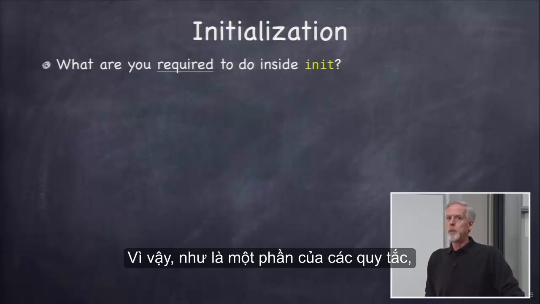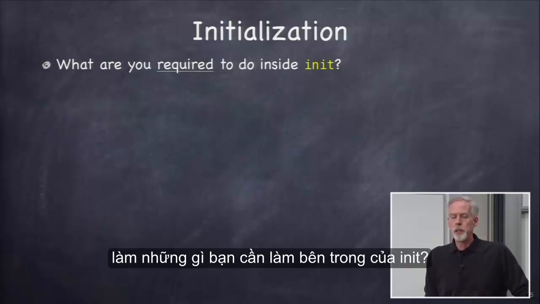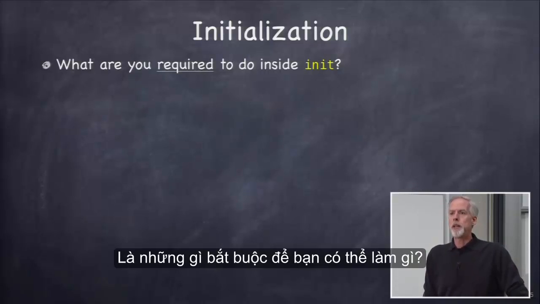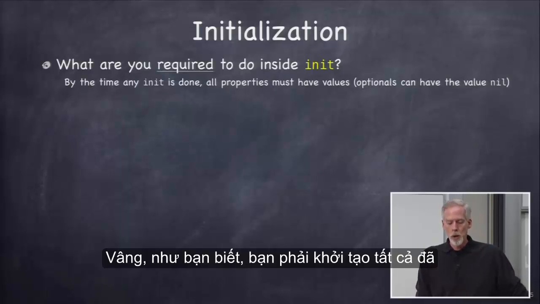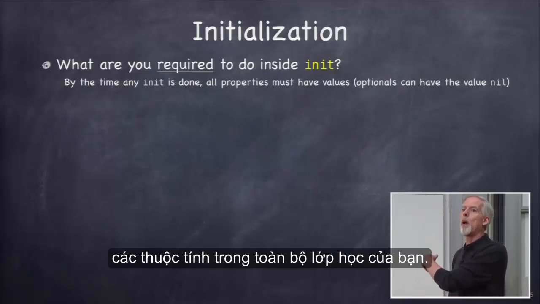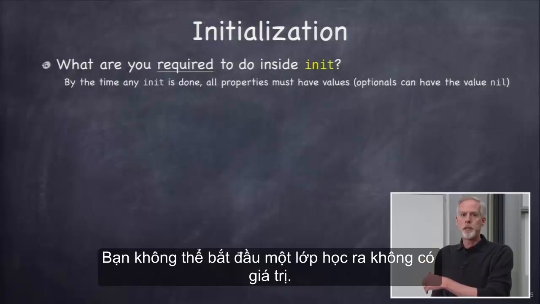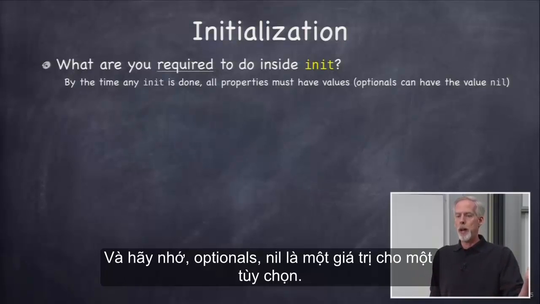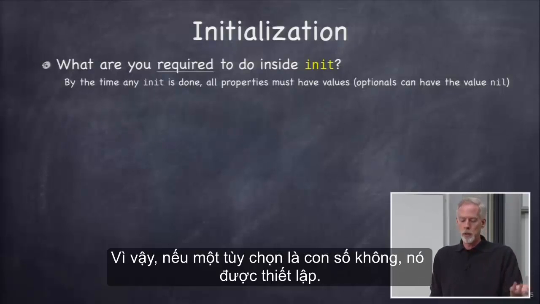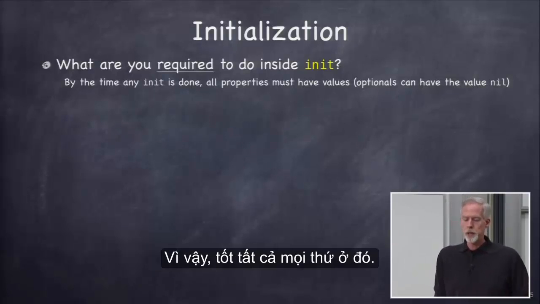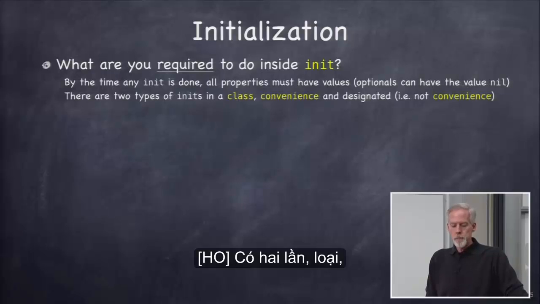So as part of these rules, what are you required to do inside of init? What is mandatory? Well, as you know, you have to initialize all the properties in your entire class. You cannot start a class off with no values. And remember, nil is a value for an optional, so if an optional is nil, it is set, so everything's fine there.